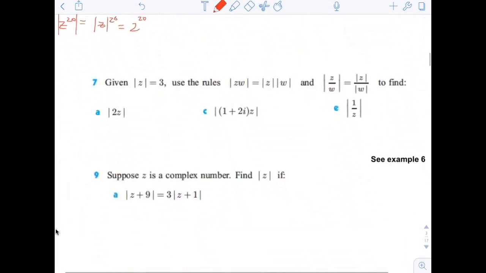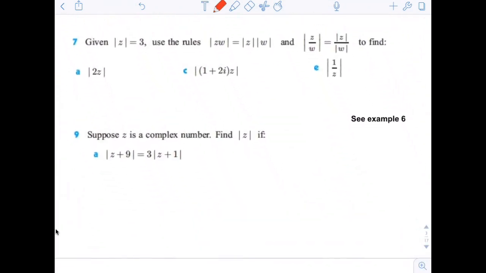All right. 7. Given that the modulus of z is 3, use the rules modulus of zw equals modulus of z times modulus of w, and modulus of z divided by w equals modulus of z divided by modulus of w, to find the modulus of 2z.